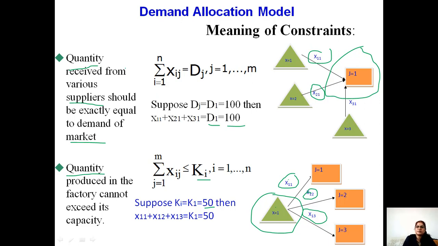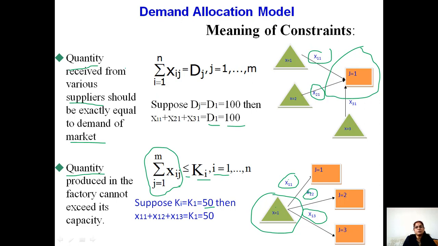Sometimes it is quite possible that everything produced will not be sent. If that is the case, it could be less than that. But the entire quantity, if you consider, should never be more than the capacity. That is why it is less than or equal to. So for a given plant, say i is equal to 1, the first plant, all the quantity supplied from the first plant to different destinations, j equal to 1, 2 and 3 in this case.